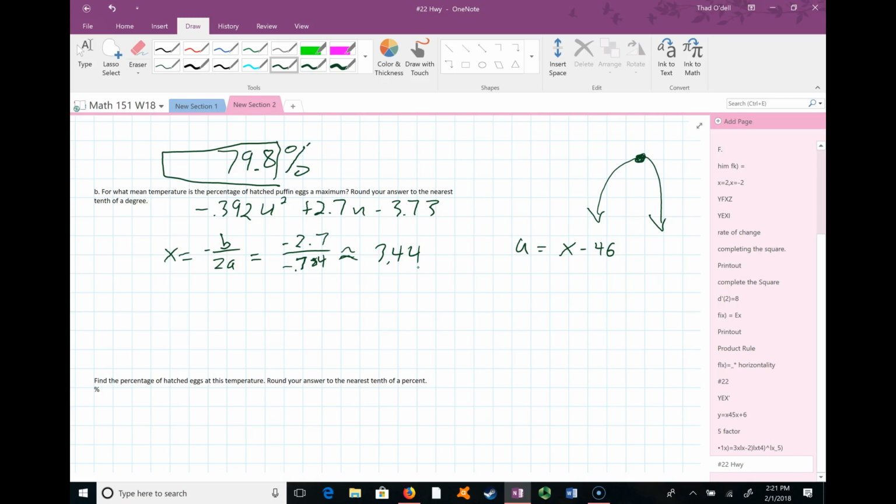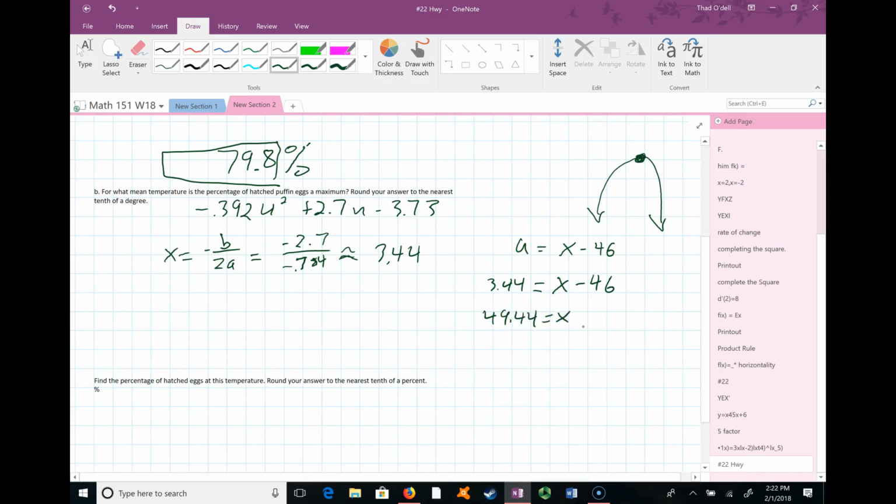So that's the x-coordinate of the vertex, which means that's the u value that gives me a maximum value in my parabola. But remember that u is actually x minus 46. So 3.44 is supposed to be equal to x minus 46. Then I just have to add 46 to that, and that gives me 49.44 equals x.